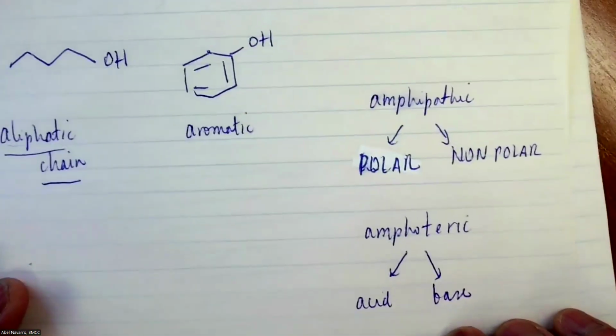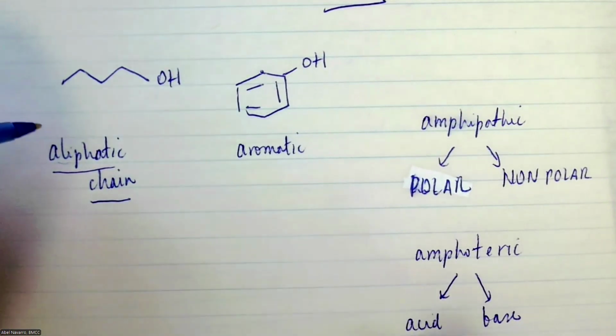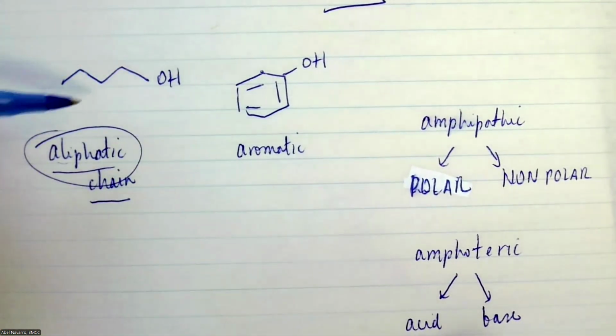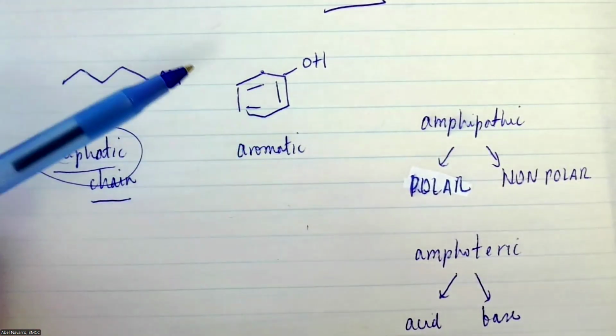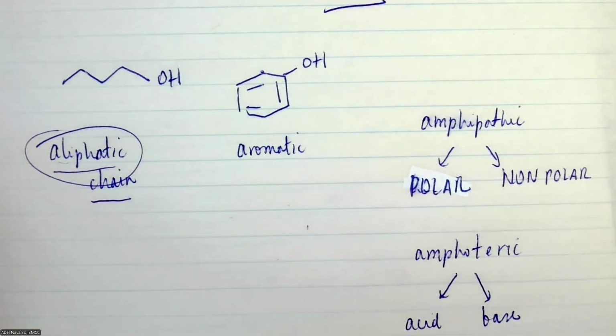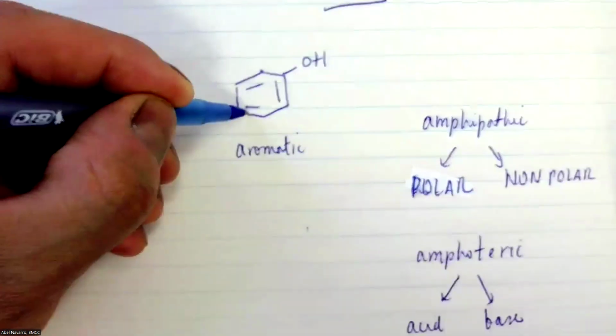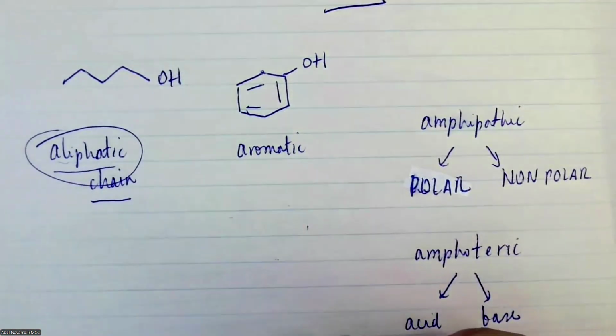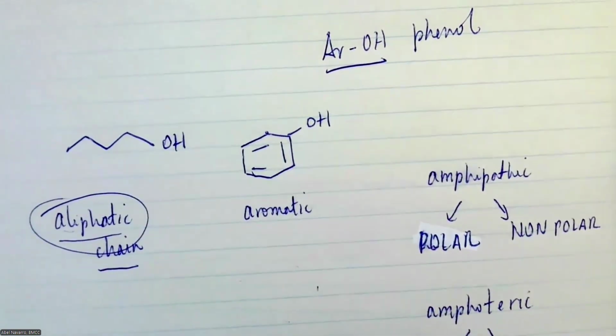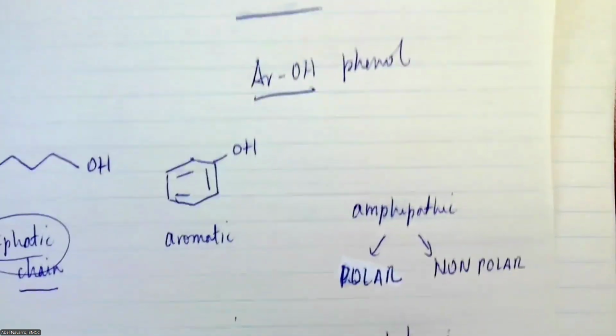Those are terms that are very important, and we are going to use them a lot. Aliphatic means just an open chain, a saturated open chain. Aromatic is a benzene ring. We will learn later in the aromatic chapter that aromatic compounds are not only benzene rings. The benzene ring is the best representative of aromatic compounds, but it's not the only one.